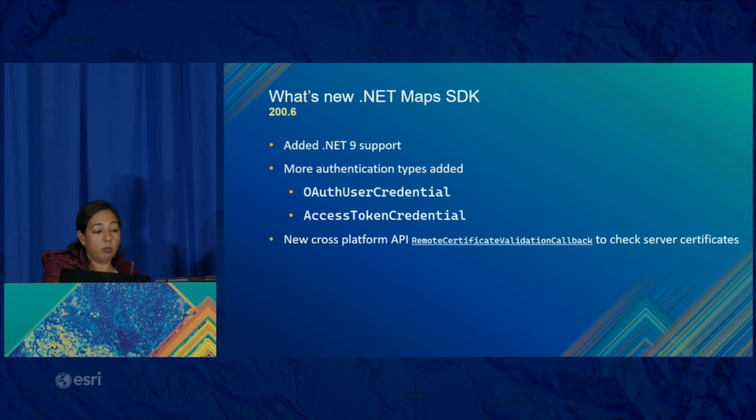Another new API on a popular request that we introduced in 200.6 is the remote certificate validation callback. This API is used for checking and handling server certificates. Authentication Manager now has this API that takes a callback for handling server certificates. There are many use cases, but the most common is if users want to accept server certificates that would otherwise be rejected by the system.